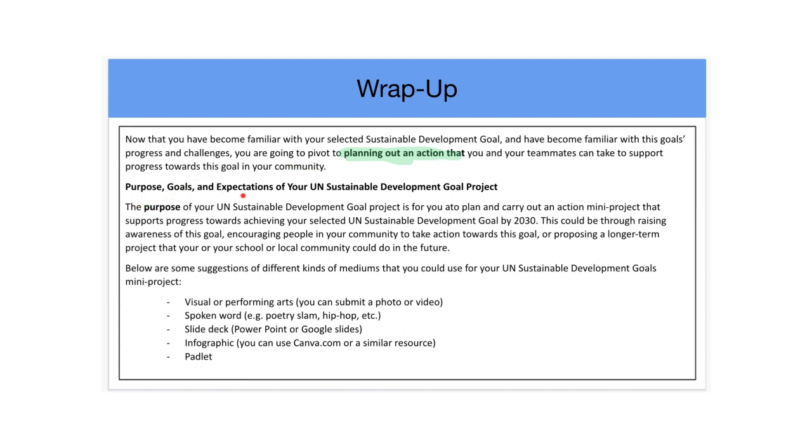Purpose, goals, and expectations on your UN Sustainable Development Goal project. The purpose of your UN Sustainable Development Goal project is for you to plan and carry out an action mini project that supports progress towards achieving your selected UN Sustainable Development Goal by 2030.